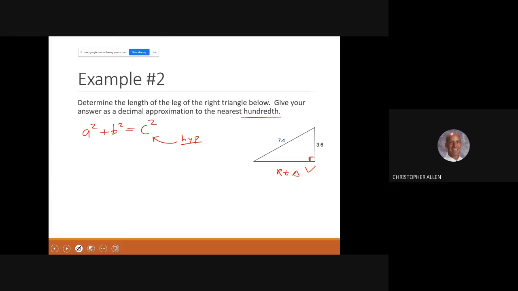Now look here, we already have the hypotenuse. We know that the hypotenuse in this case is 7.4 inches long, or whatever the units are. It didn't really tell you the units. So I'm going to say a squared plus 3.6 squared is equal to 7.4 squared.